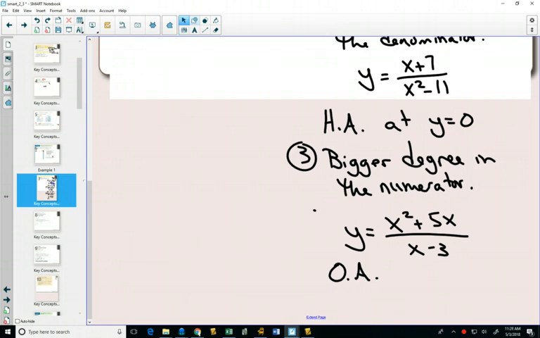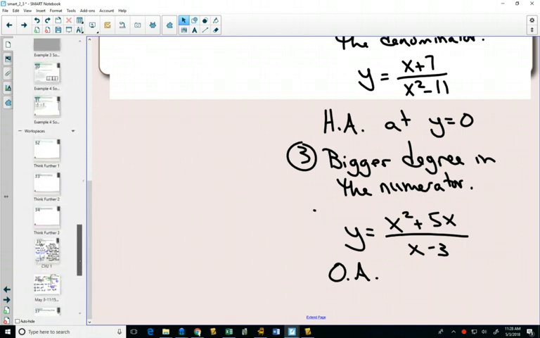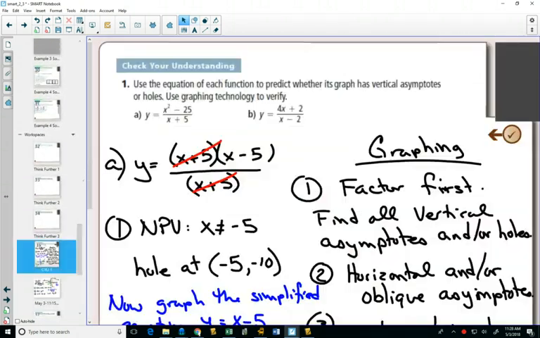So I want you to just temporarily look back at example 1, because I want to point out something that happened in example 1. In example 1a, notice that we have a higher degree on the top than we do on the bottom.